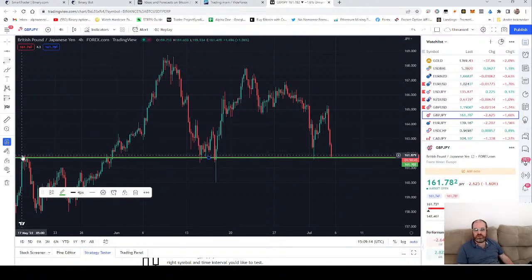When it was resistance, we did respect it many times before we broke it here, and we somehow got some retest because it's a huge area. It's all this area here that is the support zone.